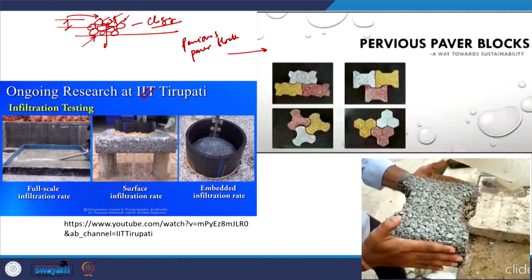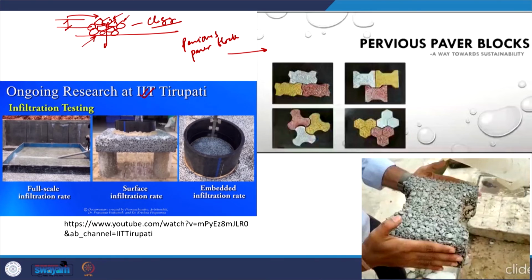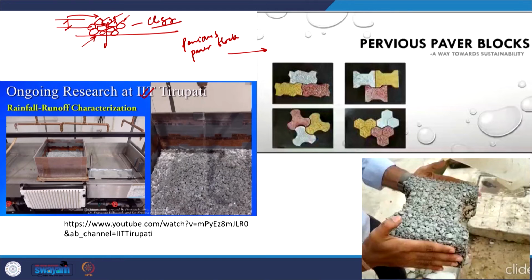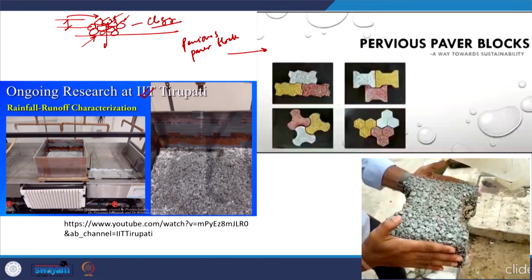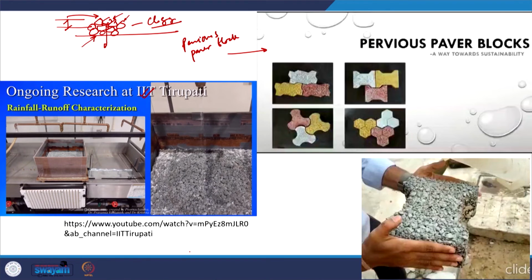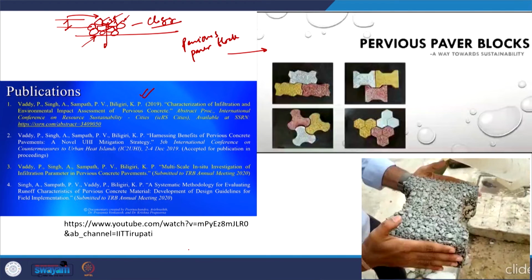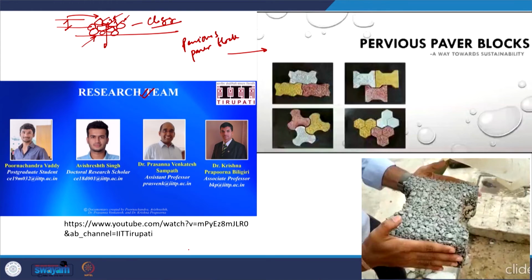And you can see how the water percolates very effectively in the mix. And it shows how the use of pervious concrete can be useful to the environment. Okay, so we will stop here in this video.